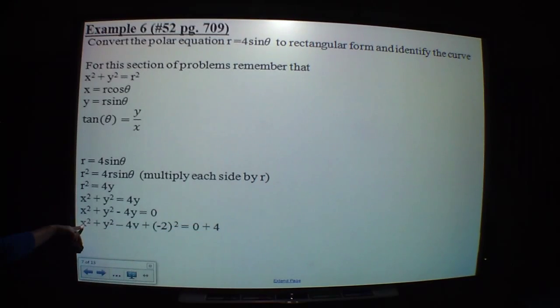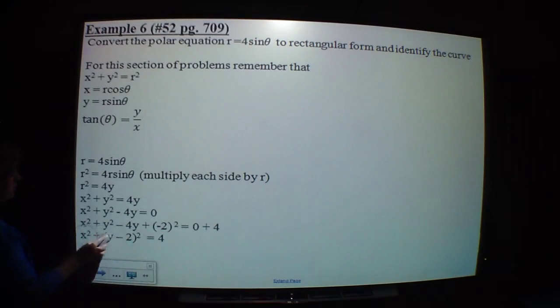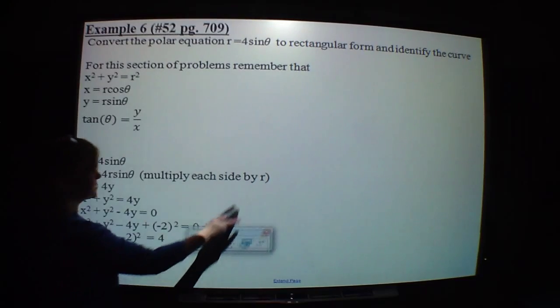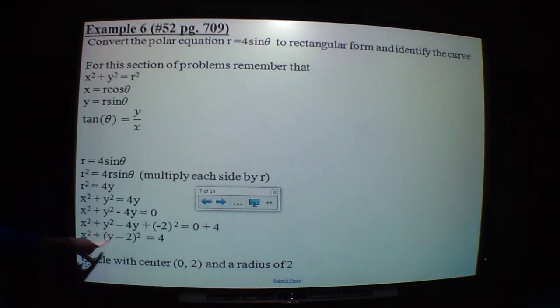This will factor into x squared plus y minus 2 quantity squared is equal to 4. This is a circle with a center of 0, 2, radius of square root of 4, which is 2. And you're done.